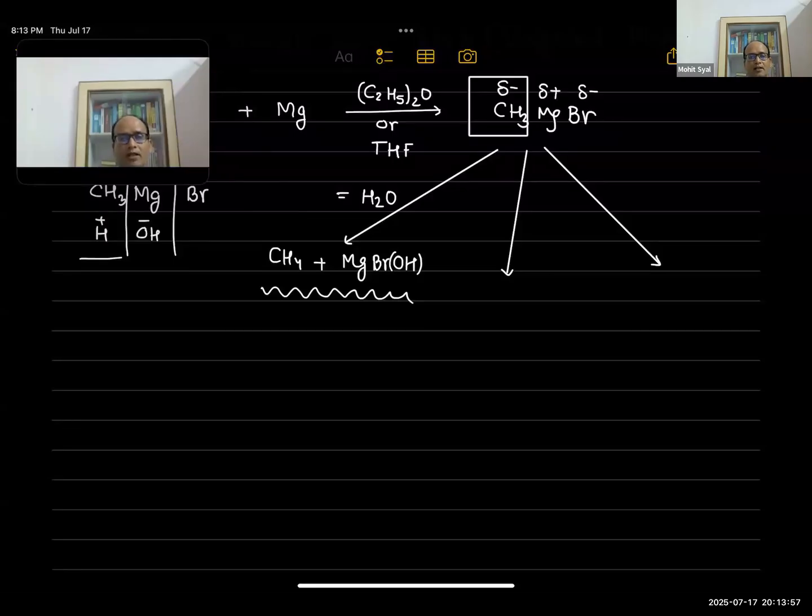When Grignard is reacted with water, will I get alcohol or not? Tell me quickly. Sir, no. We will not get alcohol, we will get alkane. You can see here.